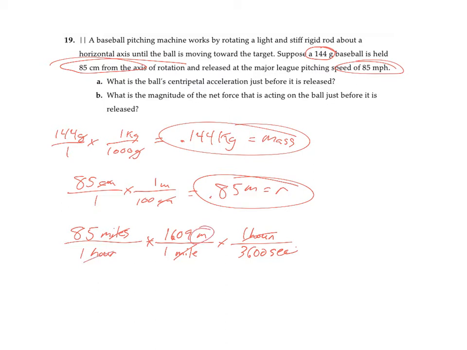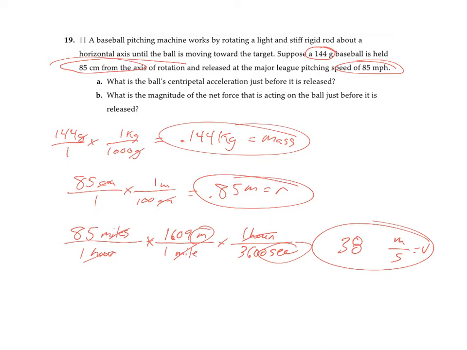So basically I'm left with meters per second, which is a good thing. So let's go 85 multiplied by 1609 divided by 3,600. Careful of your order of operations. I'm going to round that bad boy to 38 meters per second, and that's my velocity.